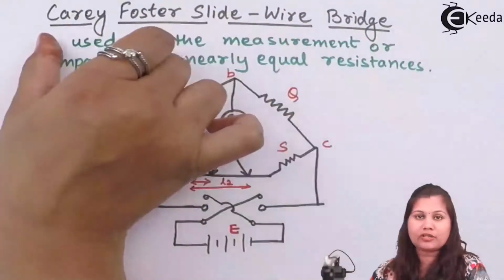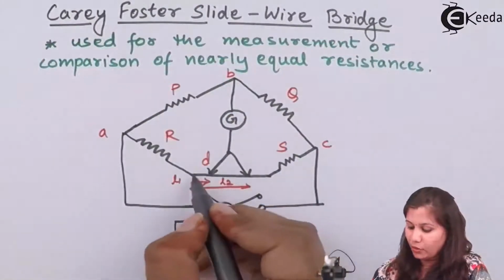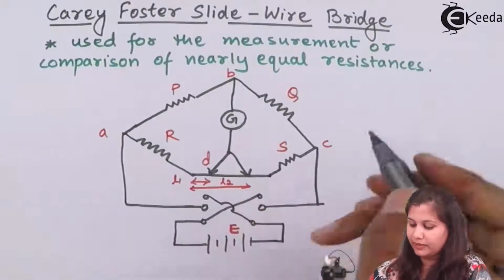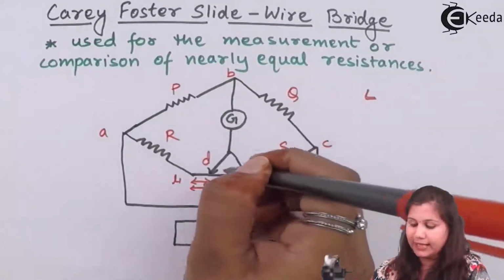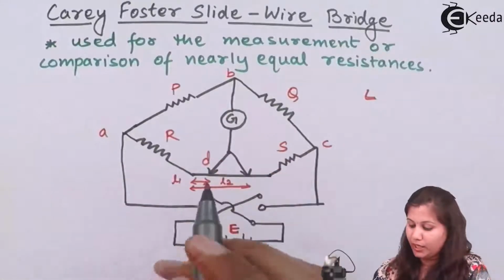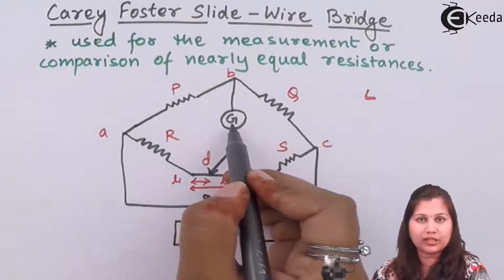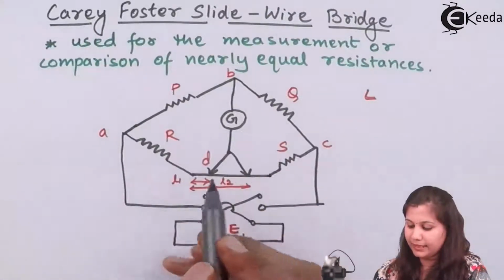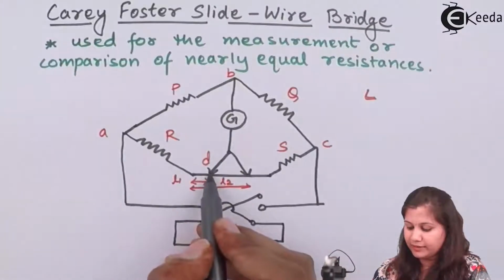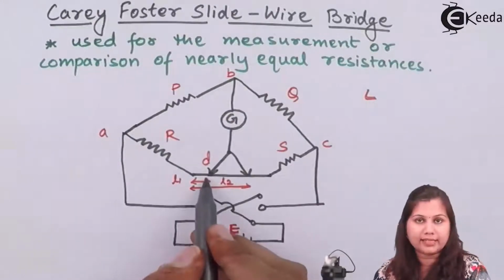That is why in the name of this bridge we have the slide wire bridge. Carey-Foster is the scientist who developed this. Now the length of this slide wire is L, and on it the sliding contact is moved. Suppose at this position D we get the null deflection in the galvanometer, and the length of the slide wire is L1 at this point.